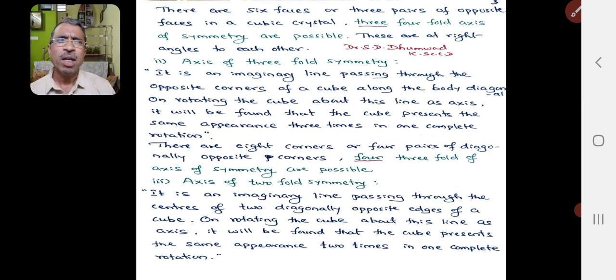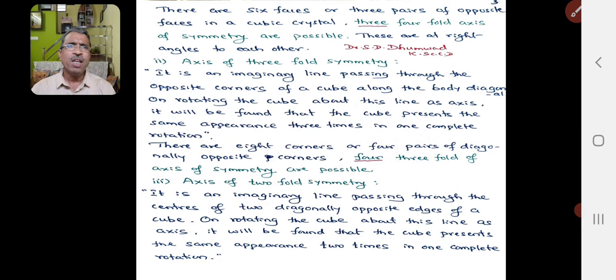Coming to the axis of 3-fold symmetry. It is an imaginary line passing through the opposite corners of a cube along the body diagonal. On rotating the cube about this line as axis, the cube presents the same appearance 3 times in one complete rotation.